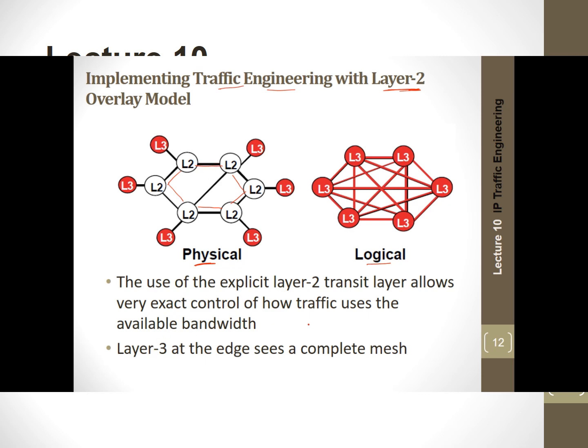It allows the exact control of how traffic uses the available bandwidth. And this logical diagram is telling us layer 3 at the edges. So this one is the inner one, and when you look at the outer network, layer 3, it will show this way. So this is a complete mesh. Here it is not showing us the mesh, but the logical view is showing us the mesh topology. So each router is connected to the other router when you talk about layer 3.